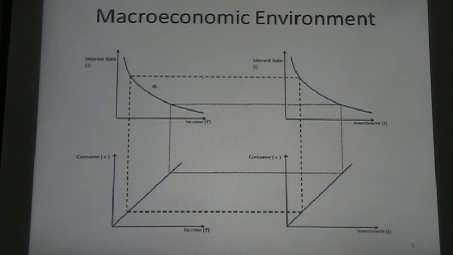First, if I deposit my funds in the bank, it wouldn't pay me much. Second, many projects will be attractive because my opportunity cost is very, very low. Then investment will be higher, and consumption will be higher too, because there will be more jobs, and people will have more consumption and more income.